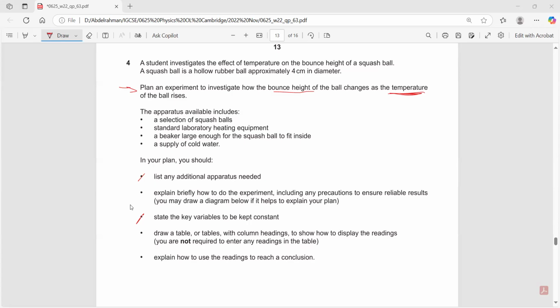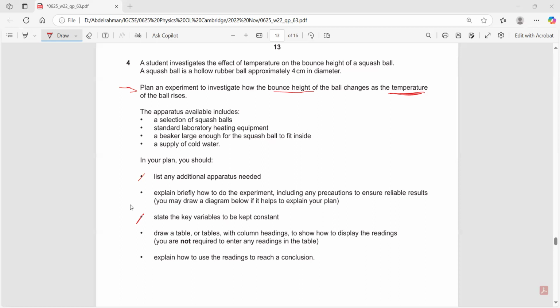Would the same volume of the water affect it? No, it would not. Think about it. Do you care about the volume of the water? No, I do not care about the volume of the water. I care about the temperature of the water. Whether it reaches 50 degrees in 1 minute or in 10 minutes, it's not my problem now, right? I do not care about the time at all.